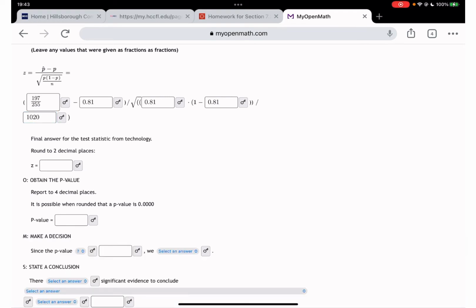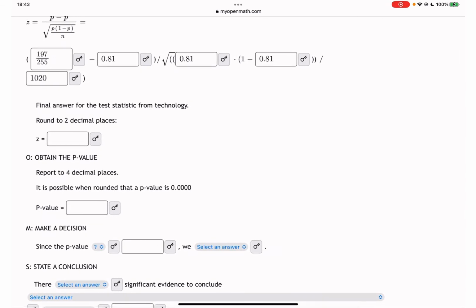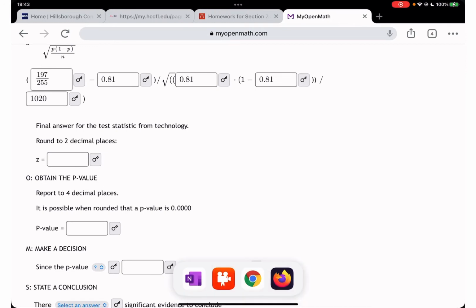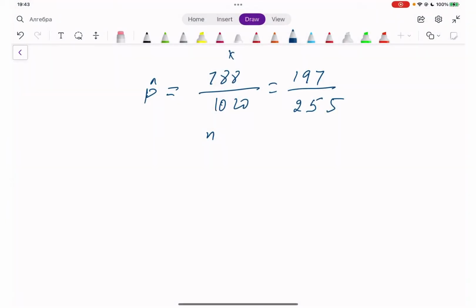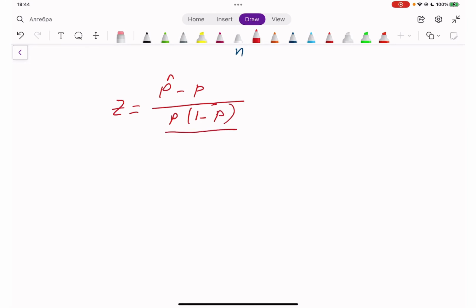Okay, we wrote it down, and what we are going to do in this case is divide. First of all, let me write down all this so we can solve it step by step. And pay attention, we are not going to round it. We are going to keep up to 6 digits, so to get the correct answer. So z-test is equal to p hat minus p divided by the square root of p times 1 minus p divided by n.